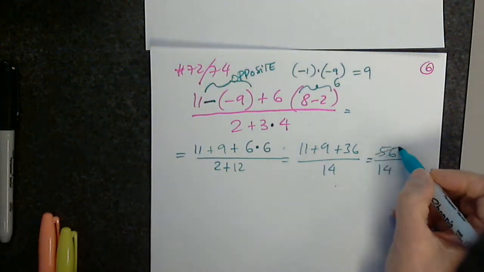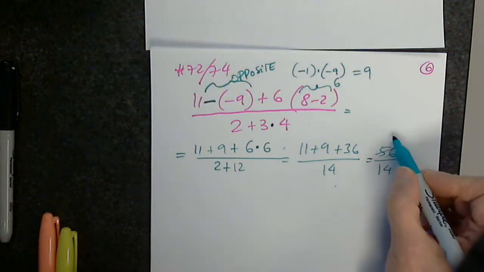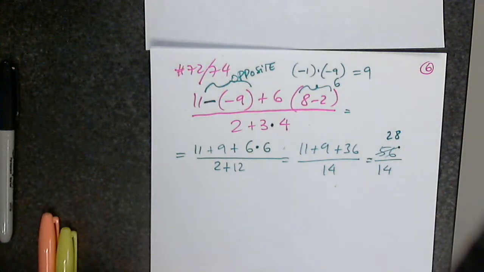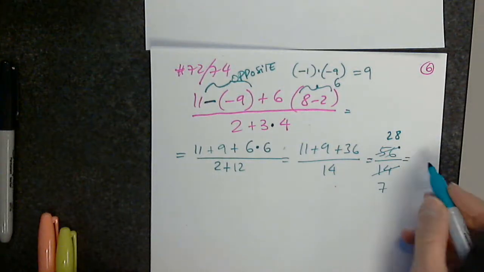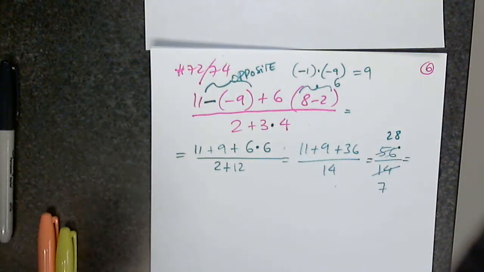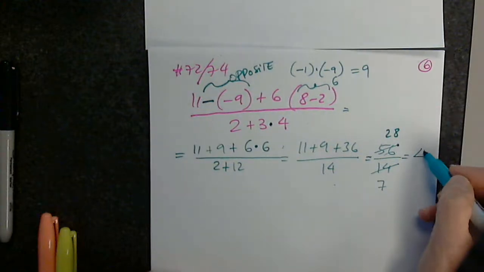So 56 divided by 2 is 28. 14 divided by 2 is 7. Okay, now I already see 28 divided by 7 is 4.